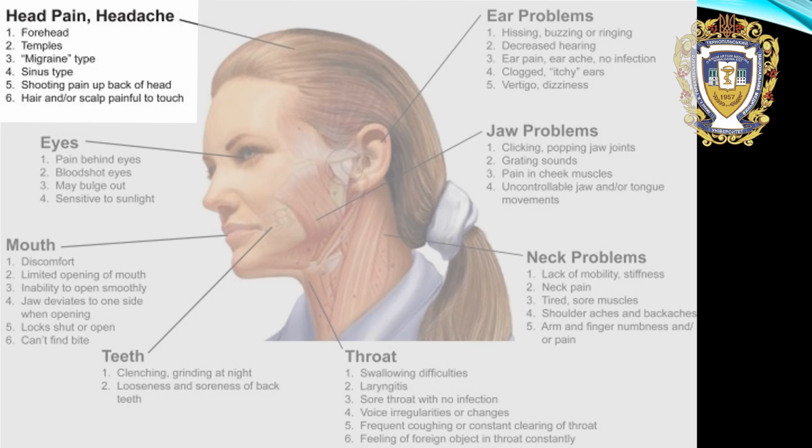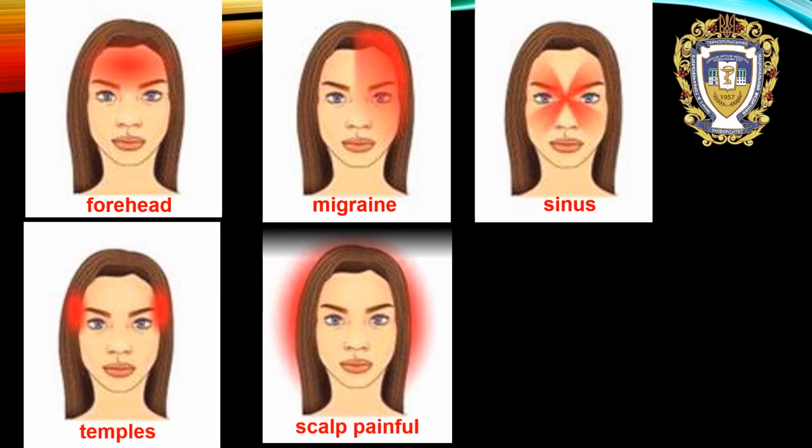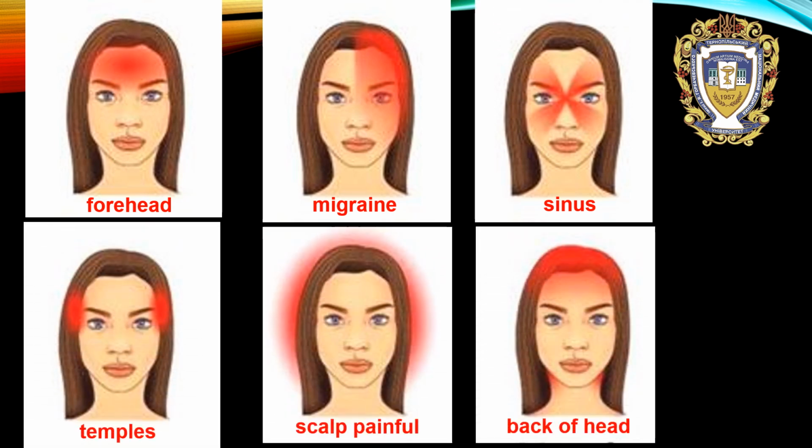What does it mean, the different kinds of pain? I would like to show you schematically forehead pain, migraine type, sinus type, temples, scalp painful and back of head. They are schematically shown different kinds of headaches.